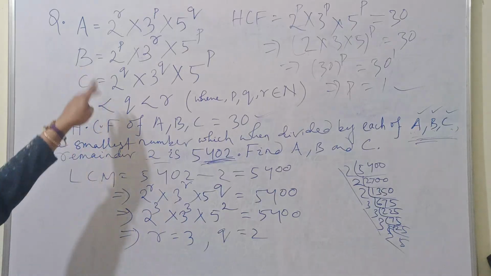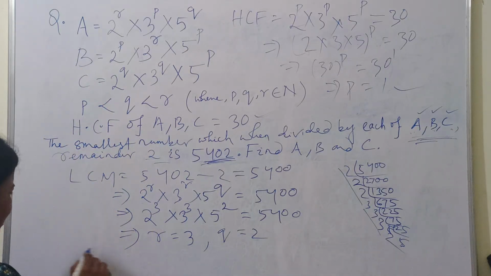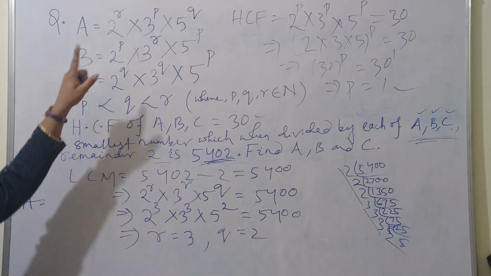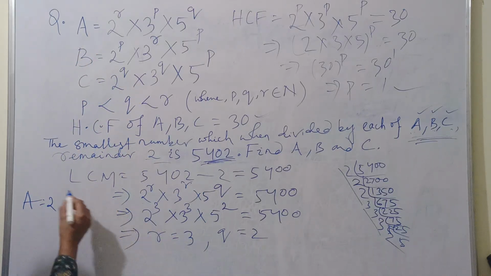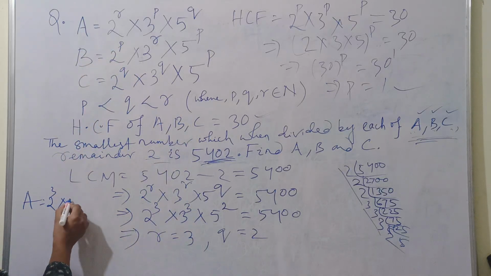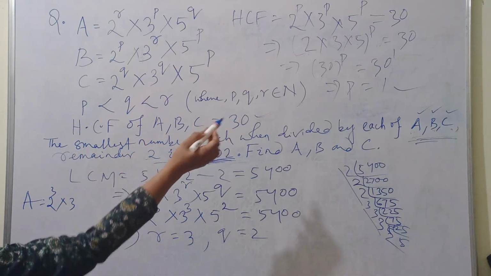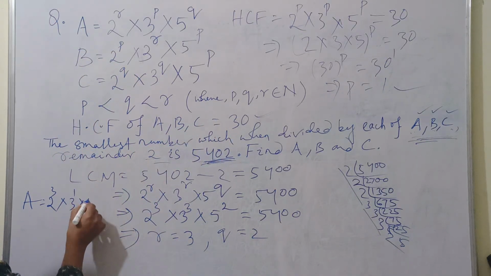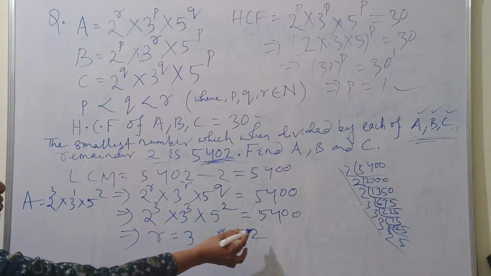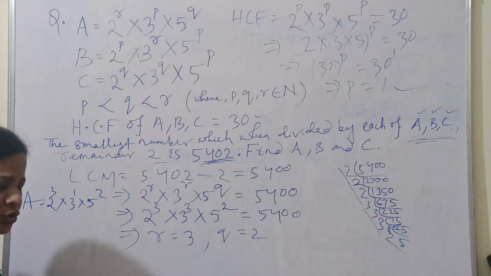So how to get the values of A, B and C? You can get the value of A as 2 to the power R, that means 2 to the power 3, into 3 to the power P, where P has value 1, and 5 to the power Q. That's why it is 5 to the power 2, because the value of Q is 2.